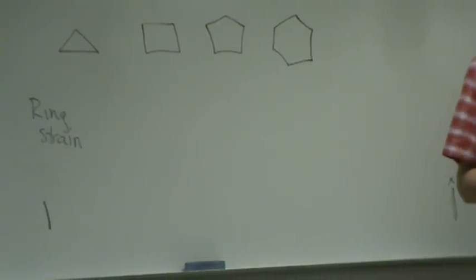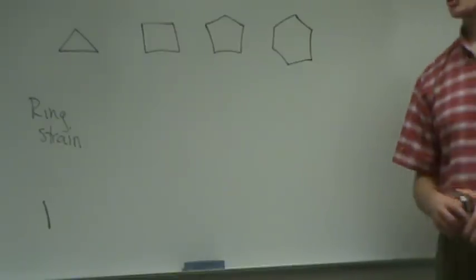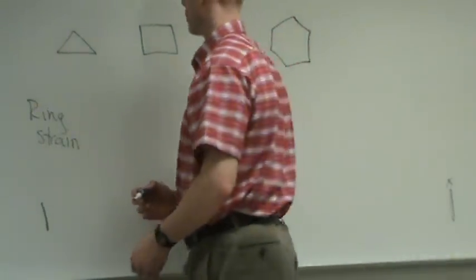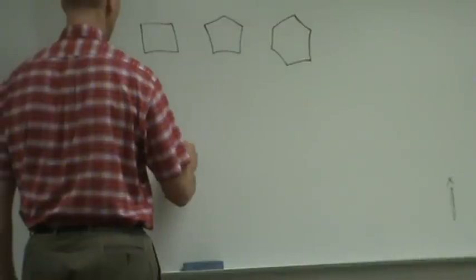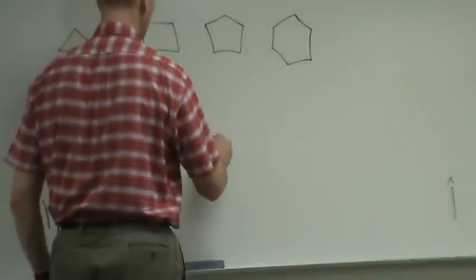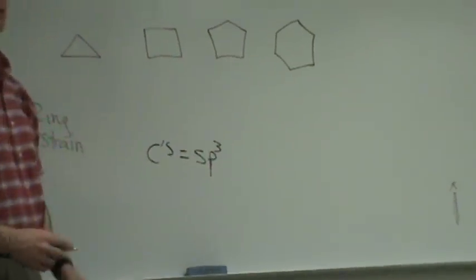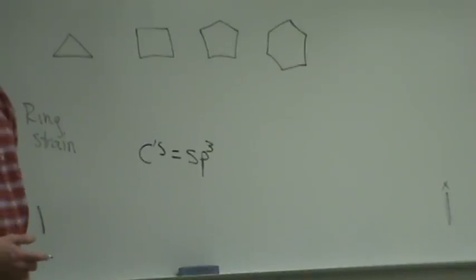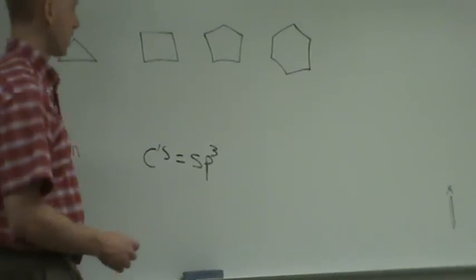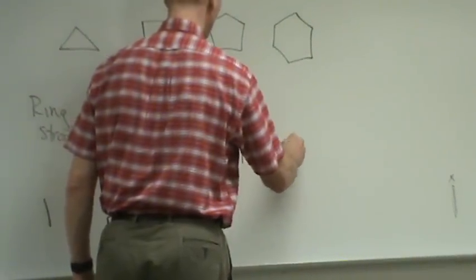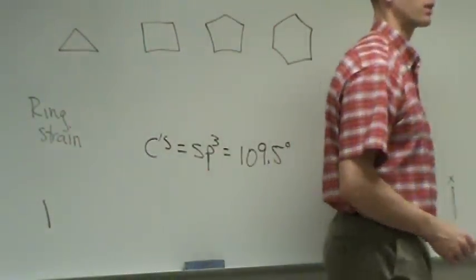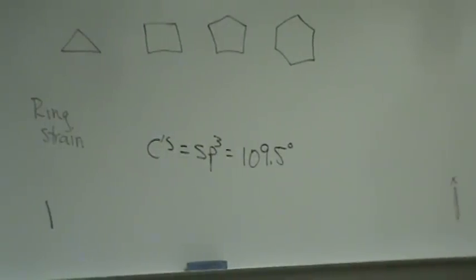So what's going to contribute to the strain of the cyclic molecule? Well, remember all these carbons are sp3 carbons, aren't they? There's no double bonds, no triple bonds. And remember that the bond angle for sp3 carbons is 109.5.